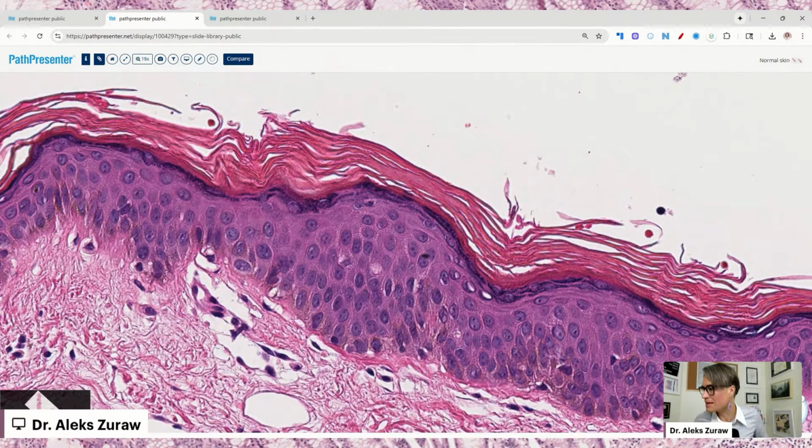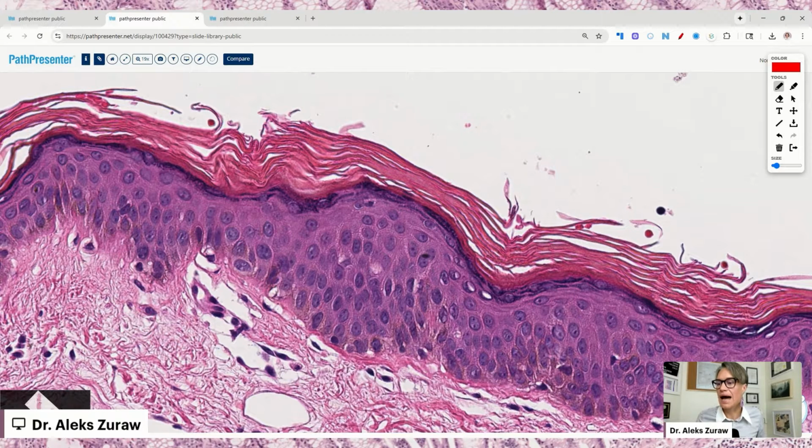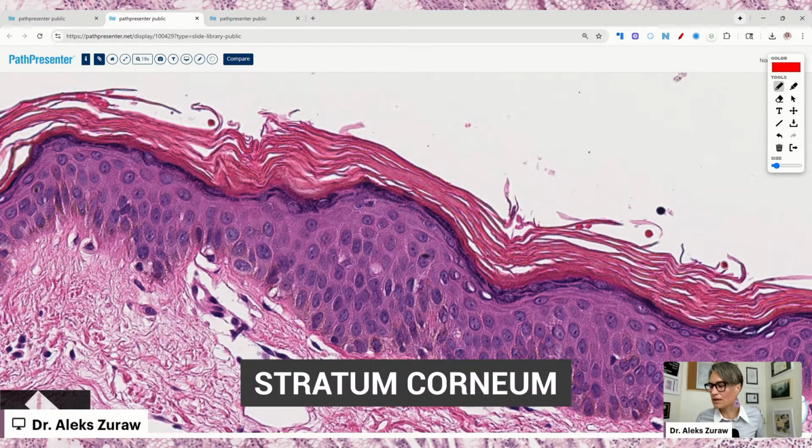This goes from the base of this epidermis. At the base, there's always a membrane, right? So there's going to be a basal membrane. And going to the outside, we're going to have this keratin layer, a layer of dying/dead cells that constitute an additional protection layer. This is going to be stratum corneum.